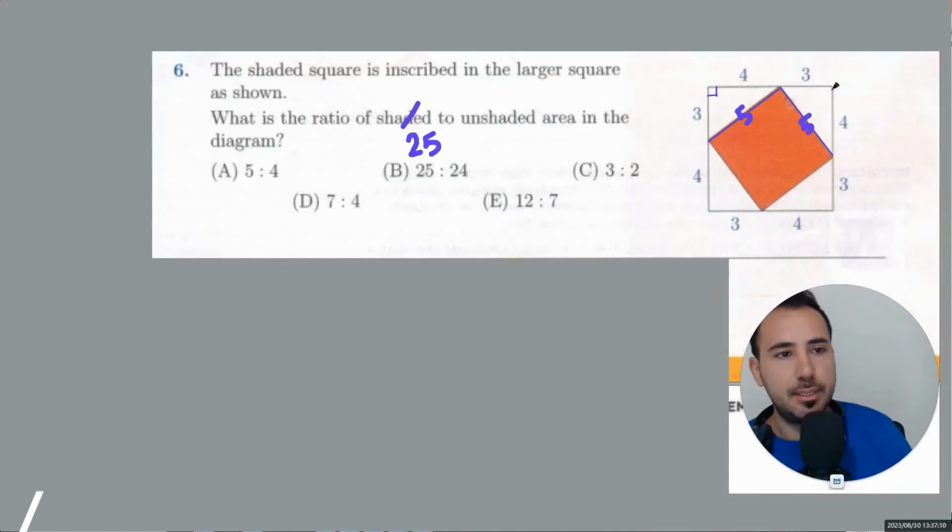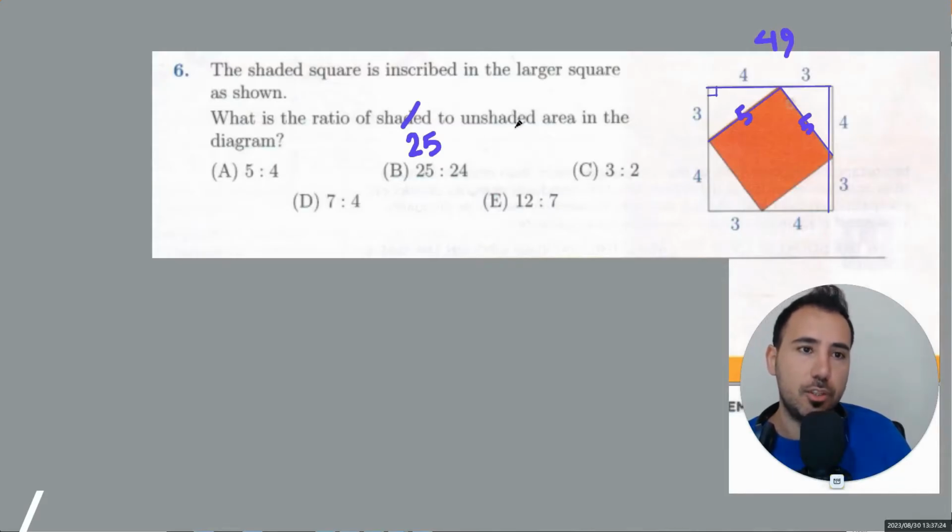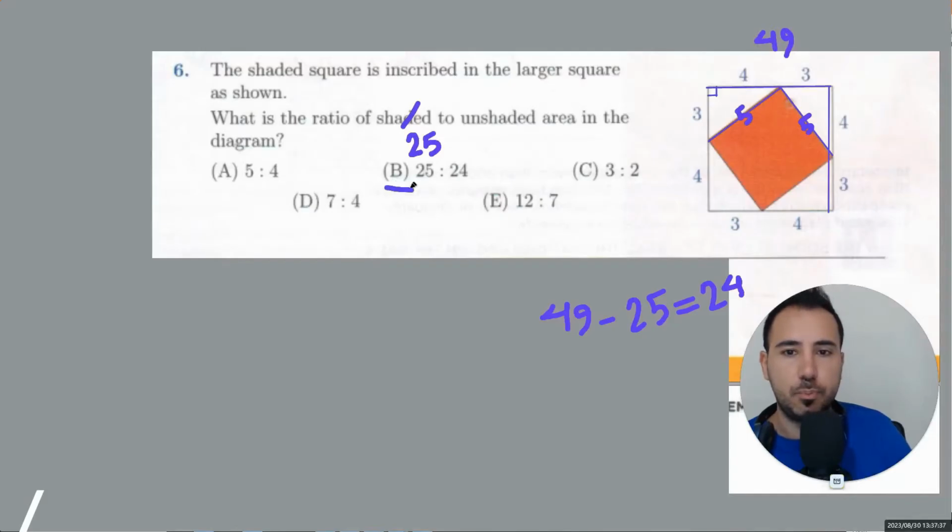This is 7, and if this is 7, this is also 7. It's a square, so the full area of the square is 49, but we shouldn't make mistakes, because here it says shaded to unshaded. The area of the unshaded one will be 49, the biggest square, minus 25, which is the red one, is 24. So this B would be the answer. I think it's easy, but you could make a mistake.